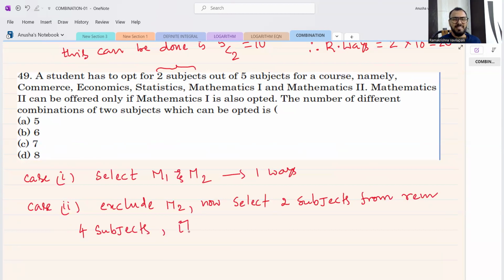It can be done in 4C2 ways. That's equal to 6 ways.